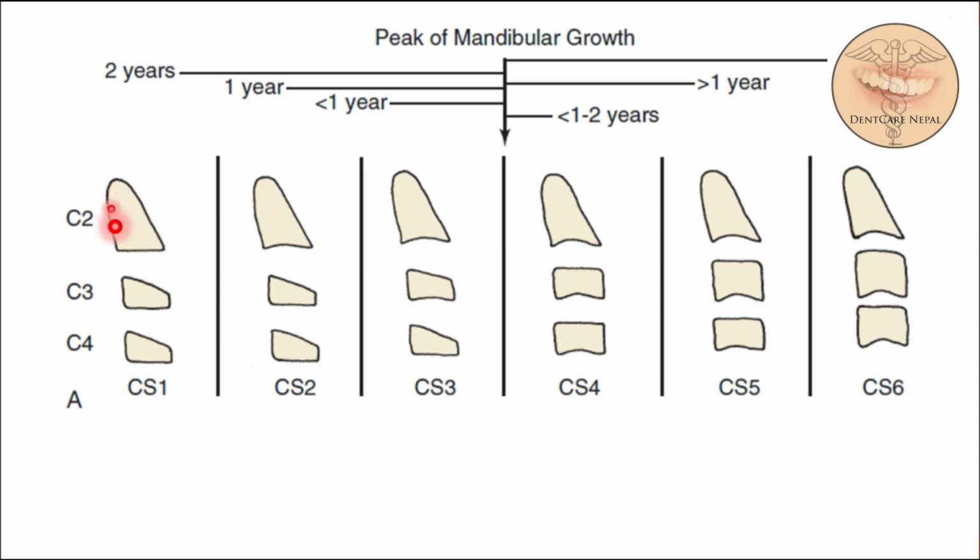For that, the lower border, the shape, and the height of the C2, C3 and C4 vertebrae are seen. The shape is either trapezoidal, rectangular horizontal, square, or rectangular vertical.